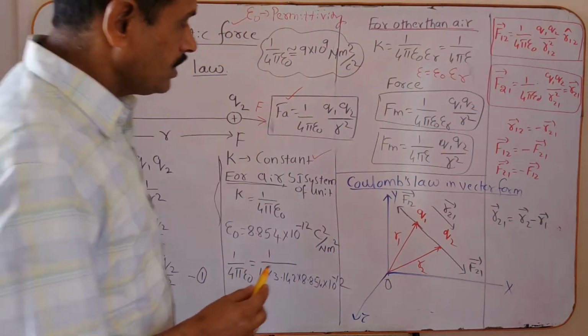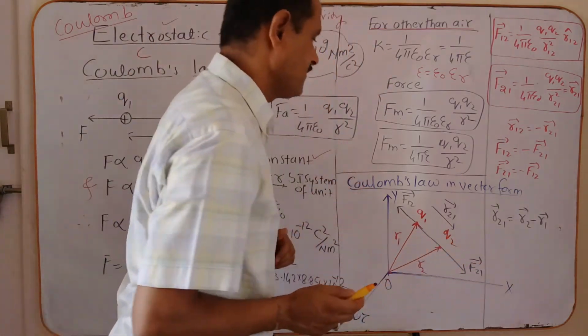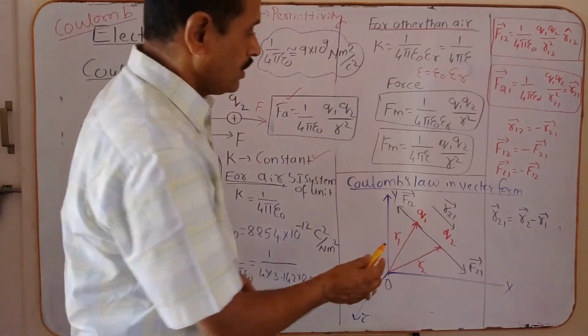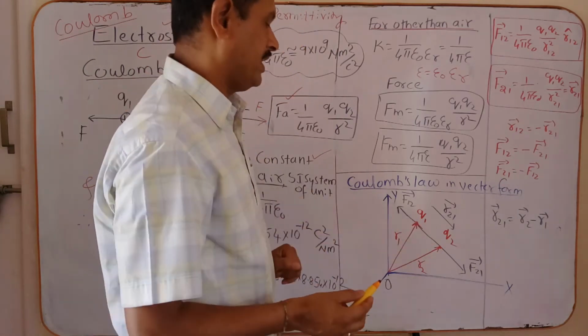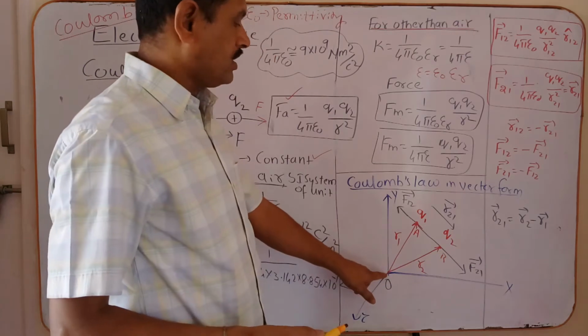Now in space, that is 3 dimensions, you have to write it here, but we use a 2 dimensional plane, only xy. Q1 is the charge, Q2 is the charge, placed at these two points. Suppose you call this A and this B. This is the origin.